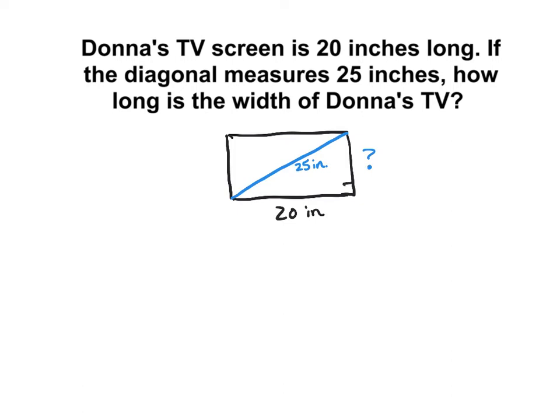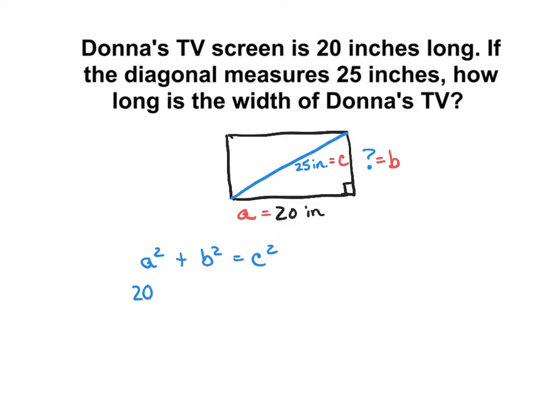Rectangles have a right angle at the corners, so are we finding a hypotenuse or a leg? In this case, we're finding a leg. I'm going to let this equal A. Our unknown that we're trying to find is our B, and 25 is C. So again, A squared plus B squared equals C squared is our formula for Pythagorean theorem.